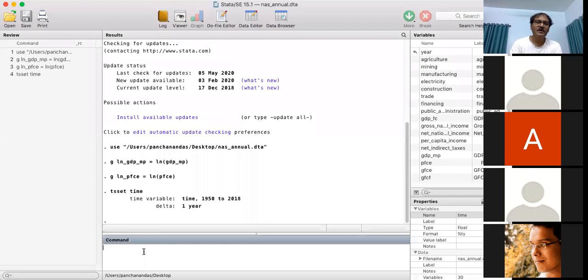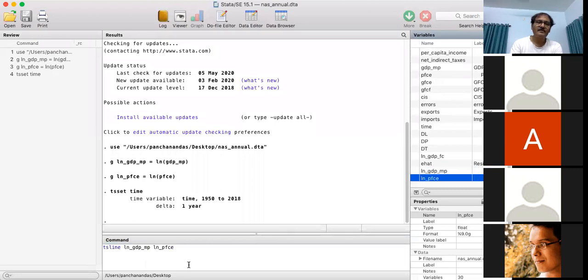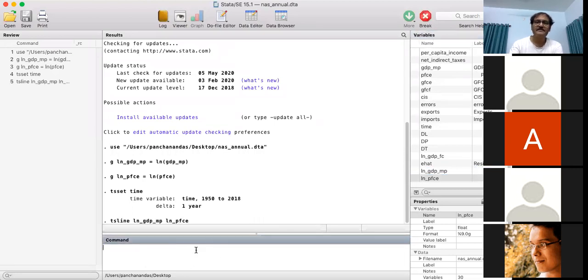We want to estimate the relationship between them. So tsline, for time series line, log of GDP, log of consumption expenditure.